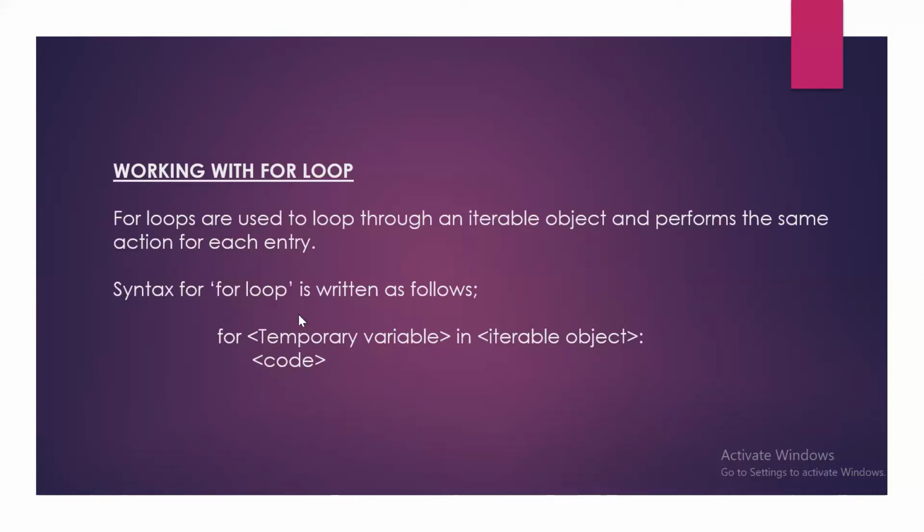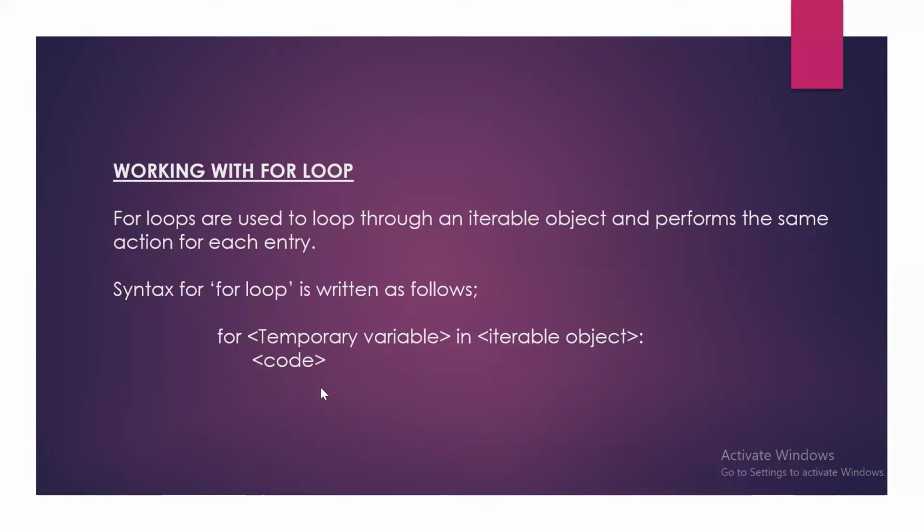The syntax for a for loop is written as follows. We write for, then we use a temporary variable which basically defines the specific item, element, or entry of that iterable object, and then we use the in statement and specify the iterable object in which we want to look for a specific item, entry, or element.